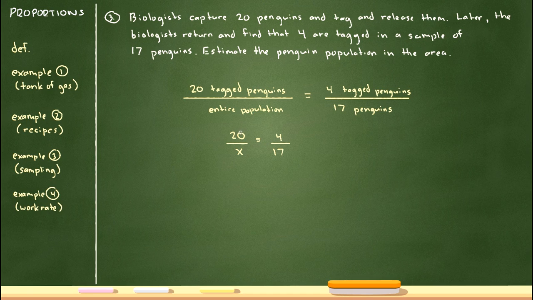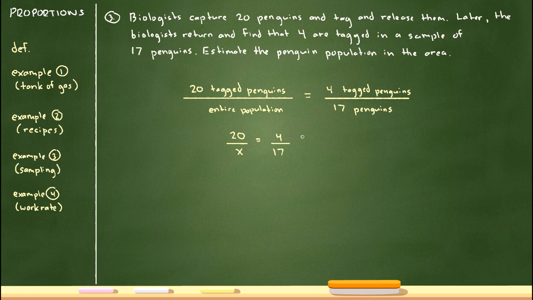What it says is that if you have a situation like this, we could cross multiply and obtain 340 is equal to 4x. And I don't like to use it too much. It depends on the situation and where the variables happen to be.